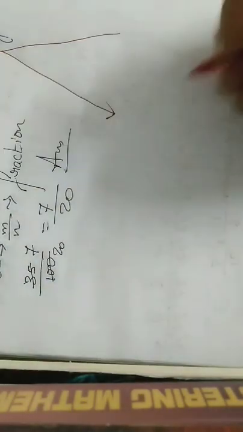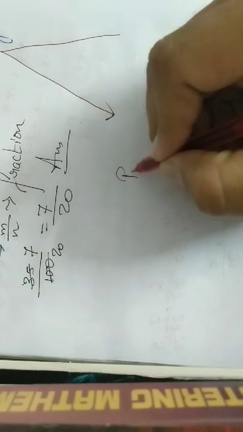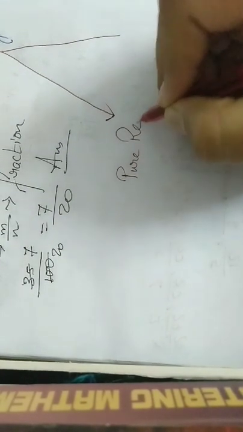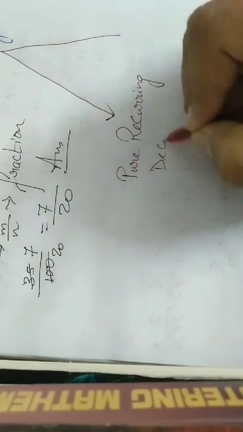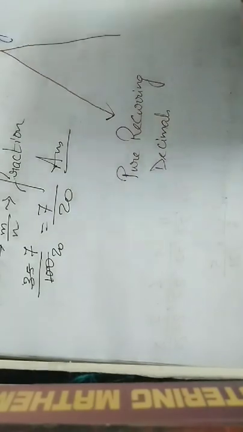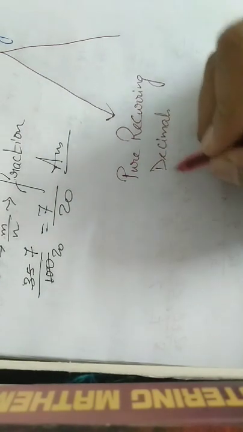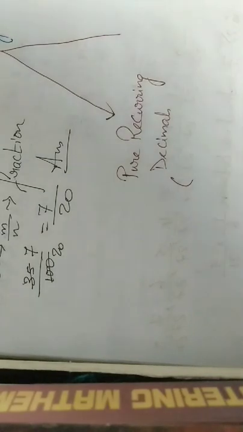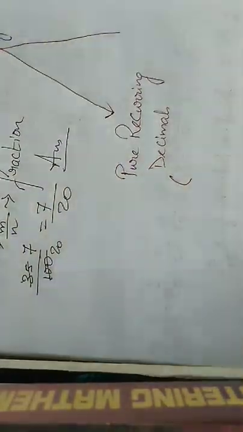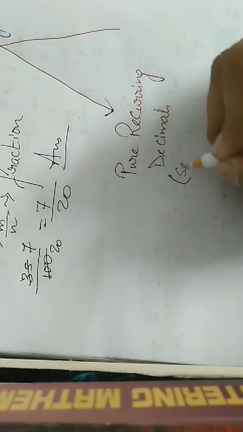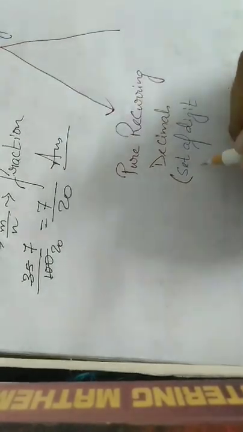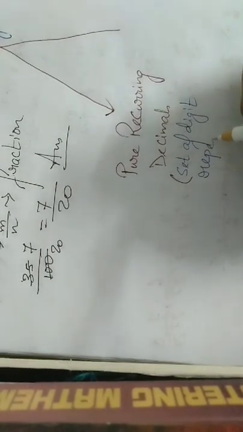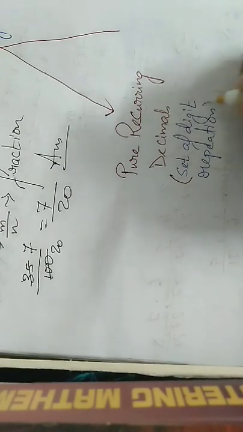These are pure recurring decimals. A purely recurring decimal means the same set of digits will be repeated.